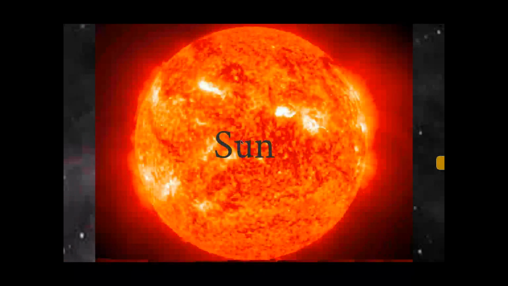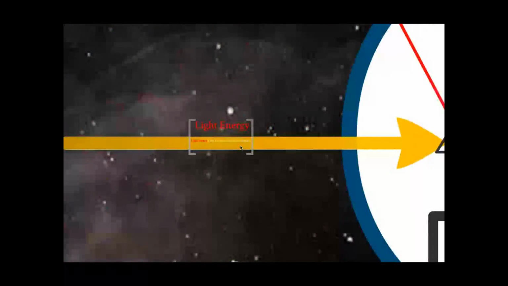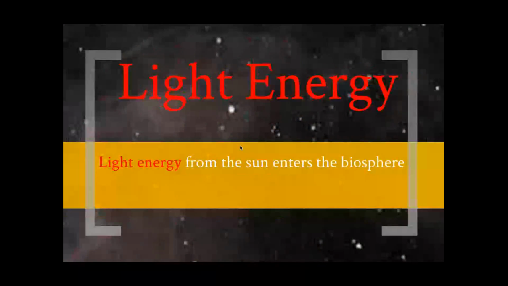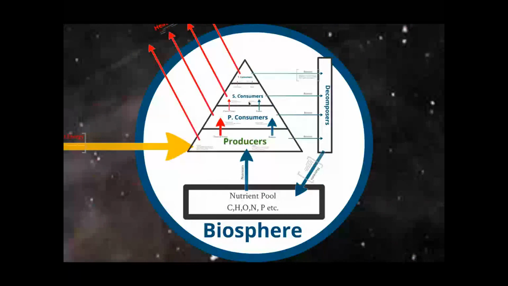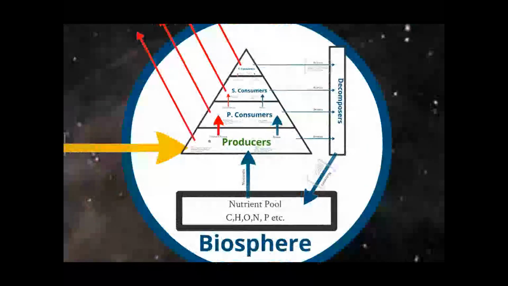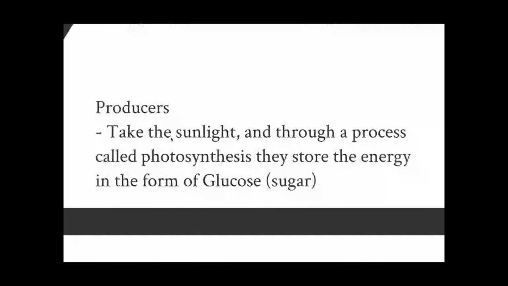So we recall that all the energy that comes into Earth enters as light energy from the sun. And if we go back to our pyramid here, all that light energy goes straight to the base, straight to our producers, our plants, because they're the ones that are using that sunlight energy and storing it in glucose through photosynthesis.